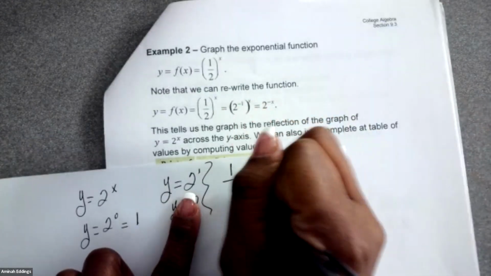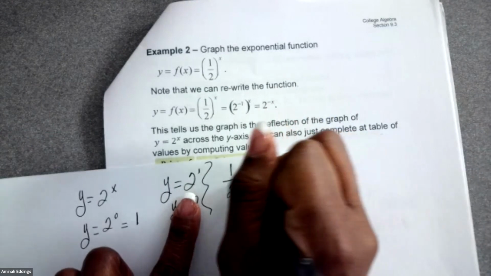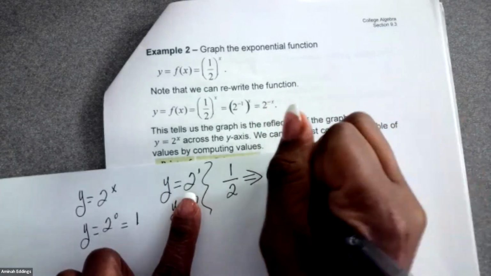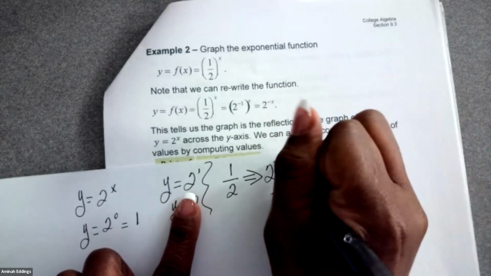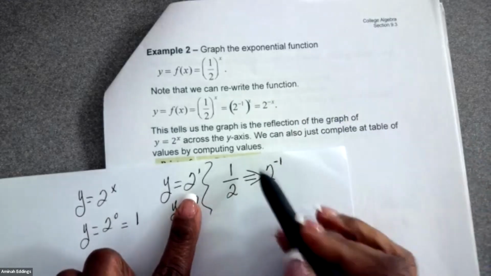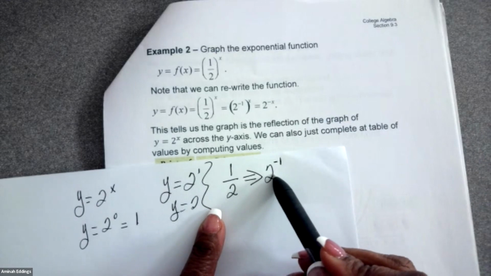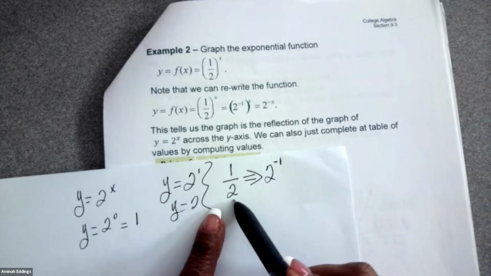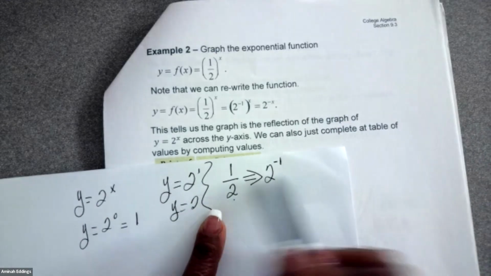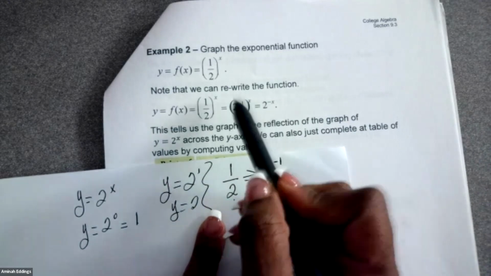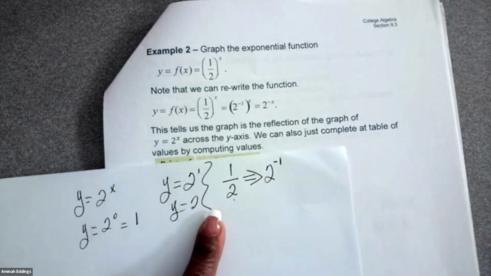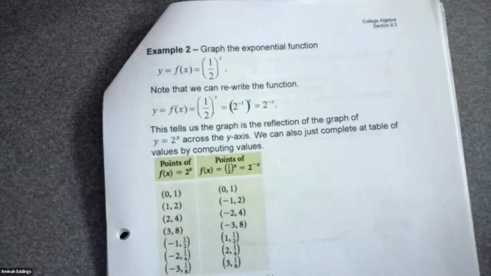If we have 1/2, this is the same as saying 2 to the negative 1 power. Anytime we have a negative exponent, we can get rid of that negative exponent by moving it to the bottom. And so that's why these are equivalent. And so that's where we're coming up with 2 to the negative 1 to the x power, which is also 2 to the negative x power.